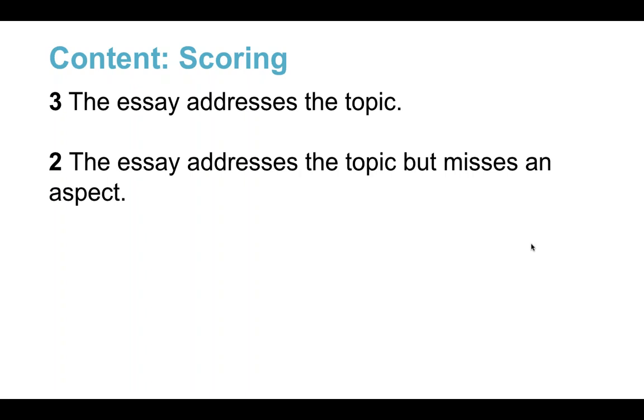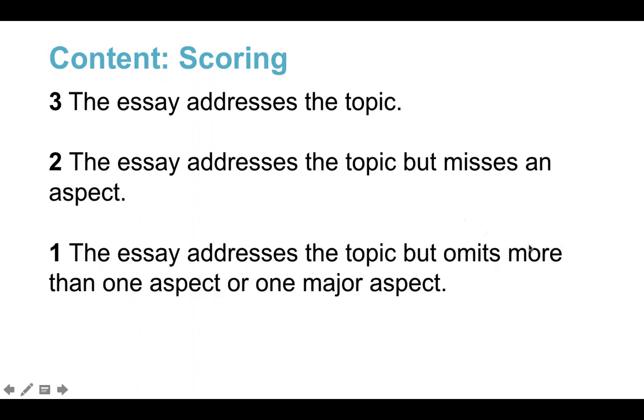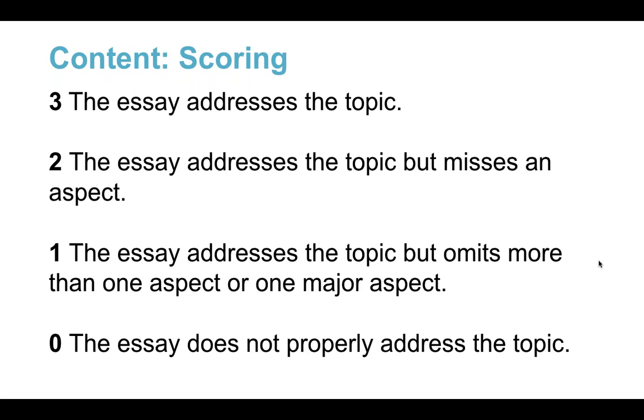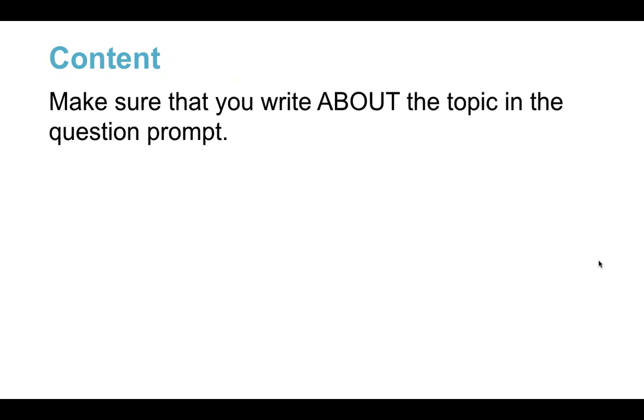That's why it's so important to write that topic right in the middle of the page and get it right. You get 1 point if you address the topic but you miss more than one aspect, or you miss a major aspect, or if you write off topic, and you get 0 points if you do not address the topic. Okay, so it's 3 points there. You can get 3 points if you use the planning method I've described.